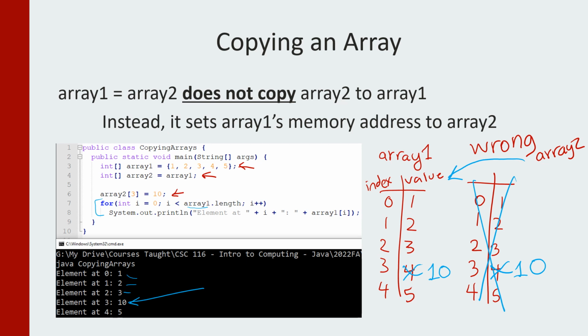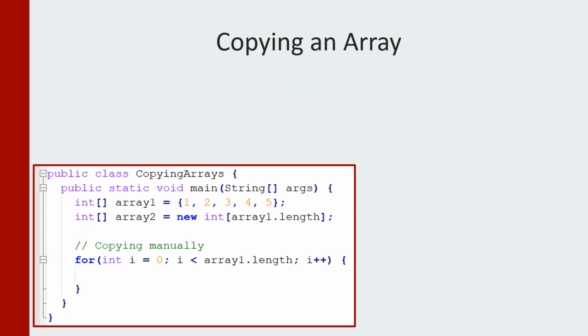So if you actually want to copy an array, you're going to have to go element by element. One way to do it is to copy each element in a loop individually. Let's say I have array 1, which is 1, 2, 3, 4, 5. I declare array 2, which is a new int of length the same as array 1. And I have here a for loop, and I'm going to copy manually starting at index 0, so i is equal to 0, i is less than array 1 dot length, and I'm just going to iterate over the indices of the array.